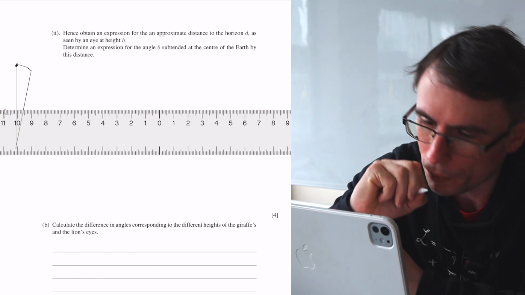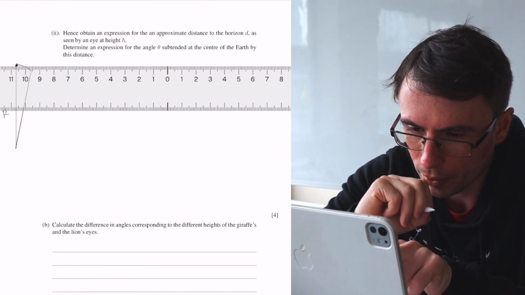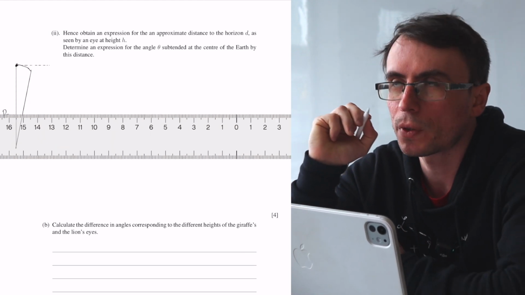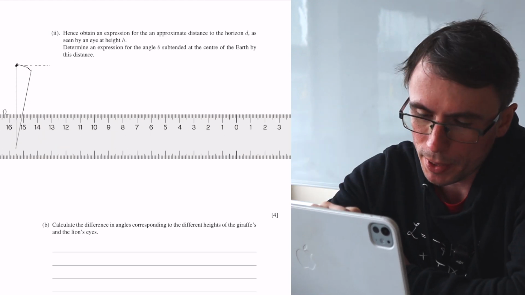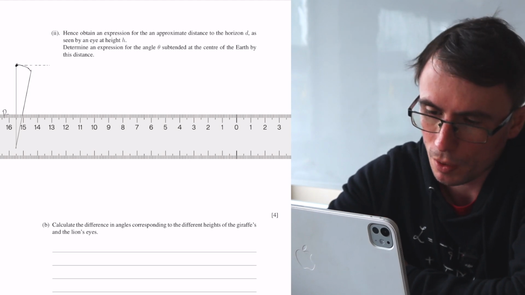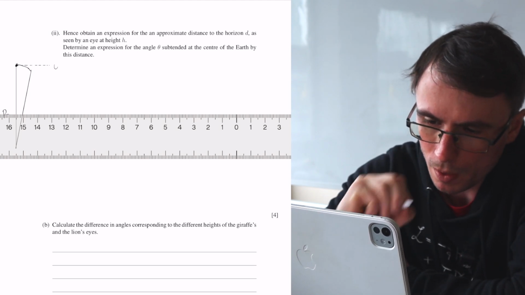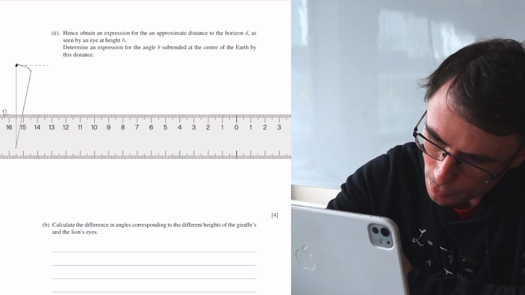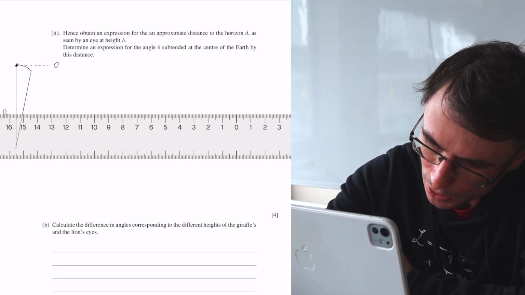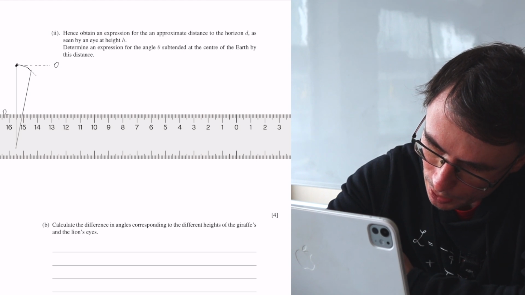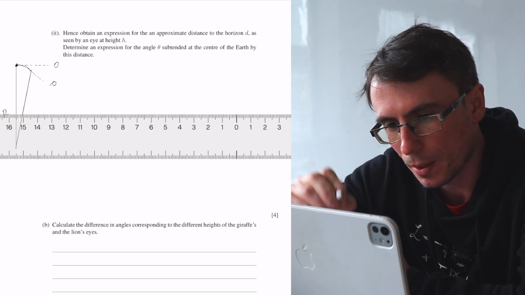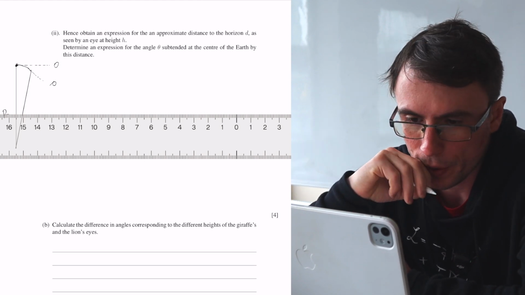So if we are right on the surface, as soon as the sun starts dipping below this line over here, we are going to get a sunset, I think. So if the sun is originally here, as it starts dipping and reaches sort of this point over here, it goes out of view.